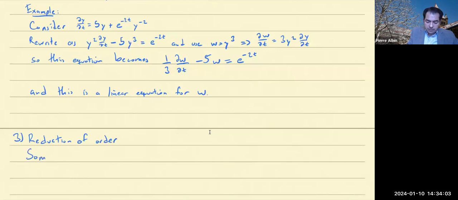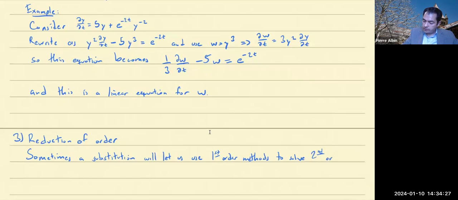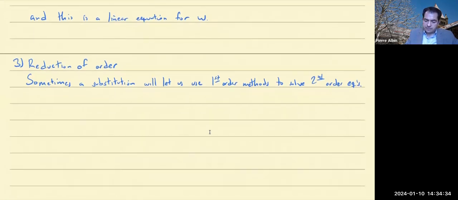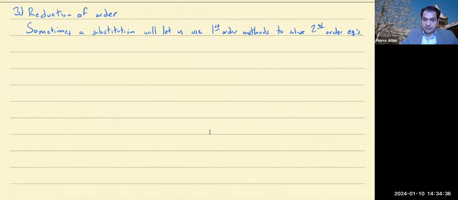So sometimes a substitution will let us use first order methods to solve second order equations. Okay, so how does that work?